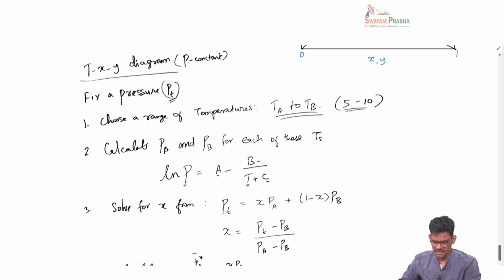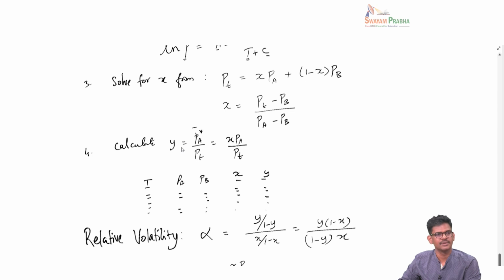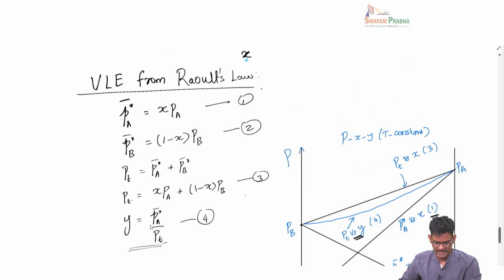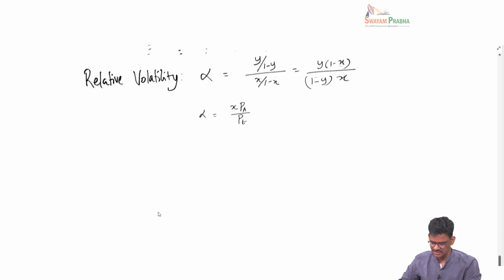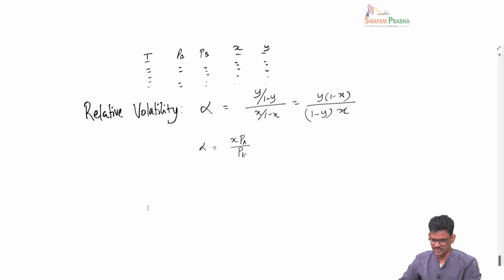You can go back to the equation I showed before. y is PA by PT, where PA is x times PA star. So you will have x PA by PT, that is what this is. So this is y, and I keep x as such and then you have 1 minus x times PA by PT.